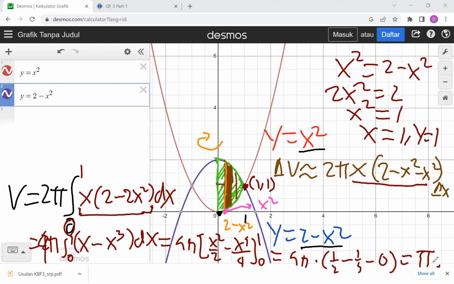This is the important one. Once you get the approximation, then take the summation and then the limit. The volume V will be here. This is the integral, and the delta x becomes dx. That's the idea. Okay. Any question?